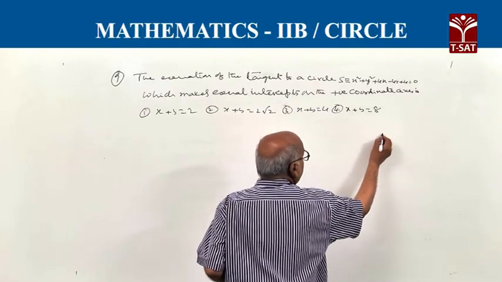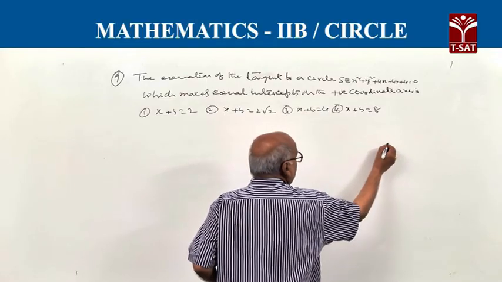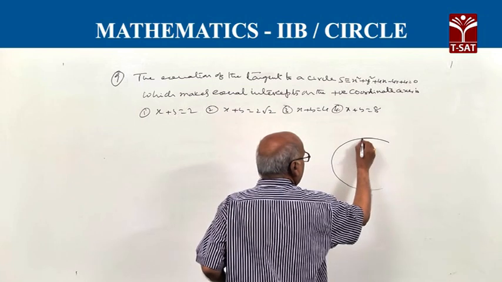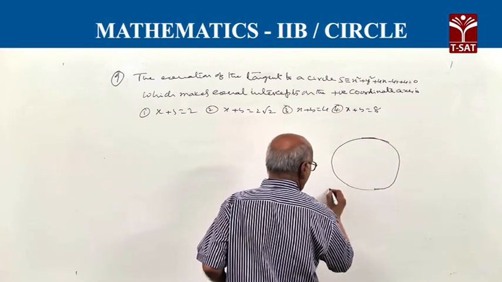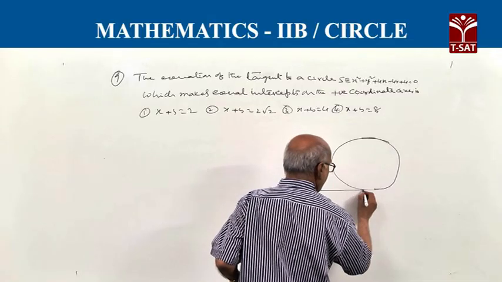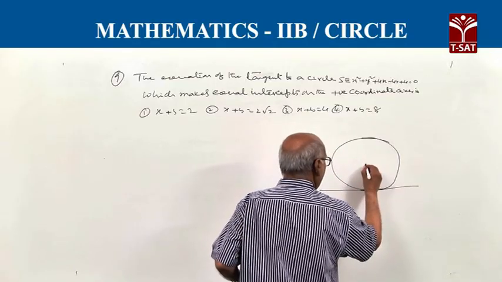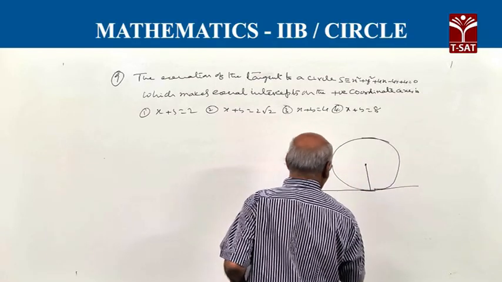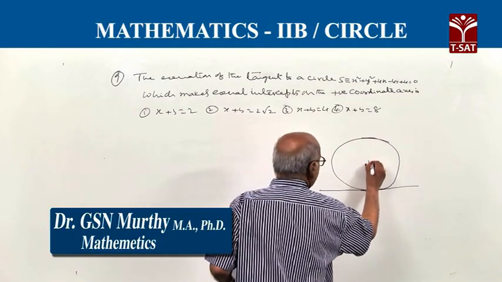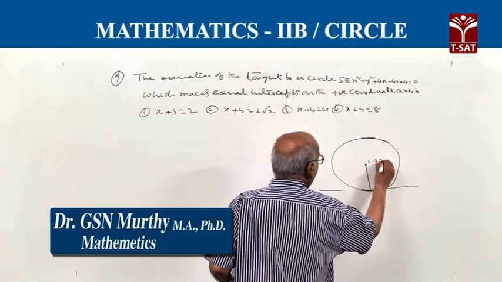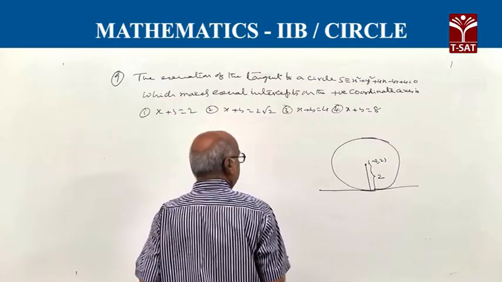Okay. So, please see the equation of the tangent. The center is minus 2 comma plus 2 and radius is also 2, right.